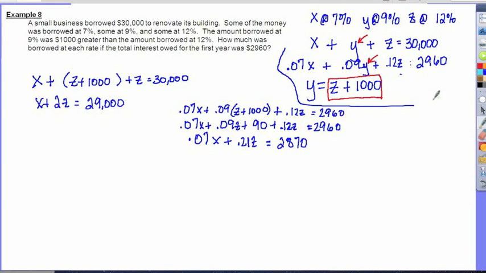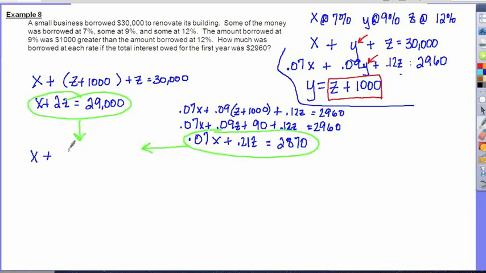So now we have these two equations that have only x's and z's. What we need to do now is put these two together and work on them, solving for either x or z.